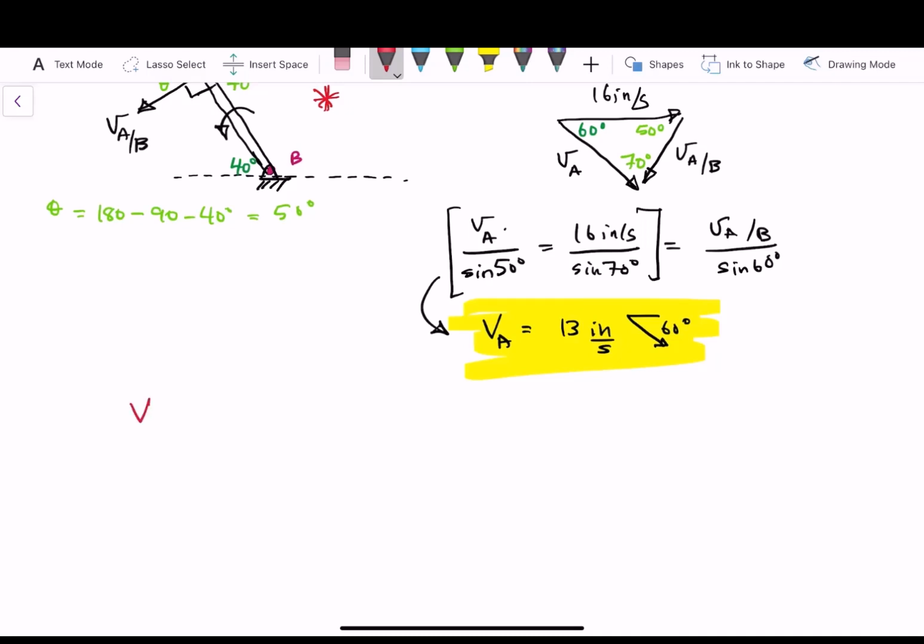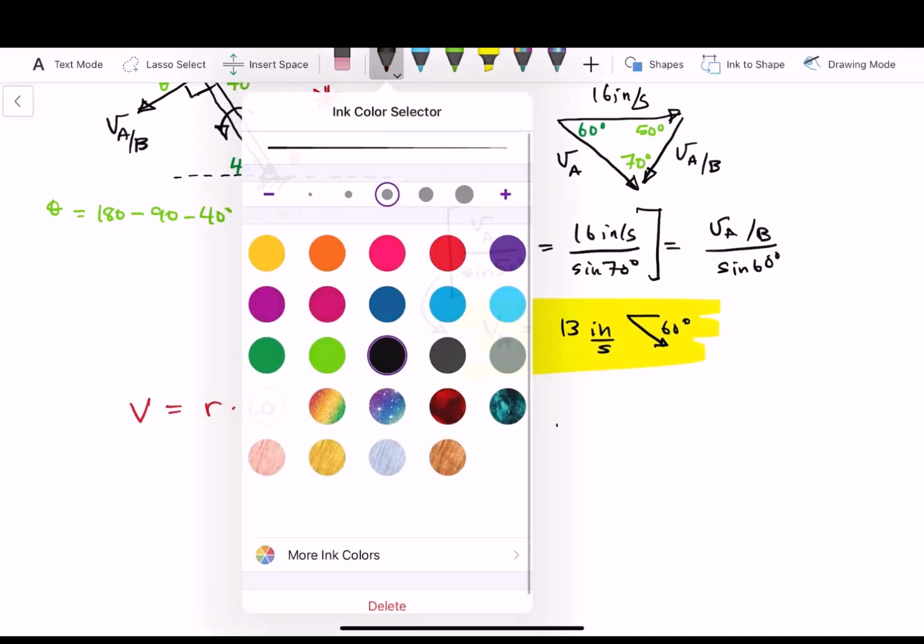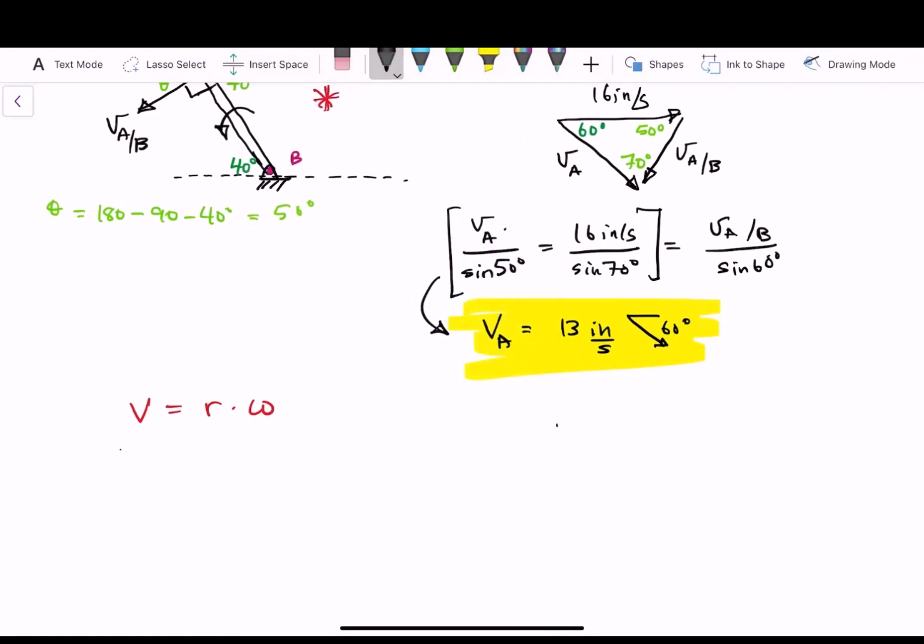Remember that V is equal to R omega, right? So if we use our subscripts here, we can then say that VA with respect to B is equal to RAB times omega AB. So we just need to solve for the velocity of A with respect to B. And we can do that with this equation, the other half of the sine law equation.